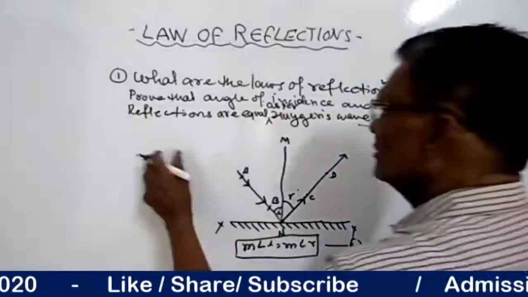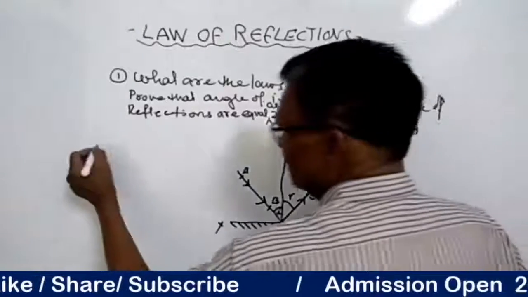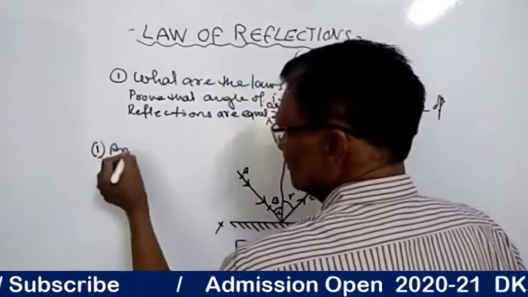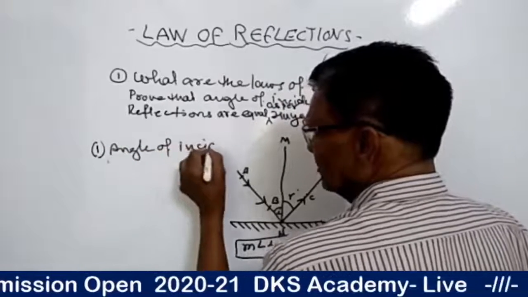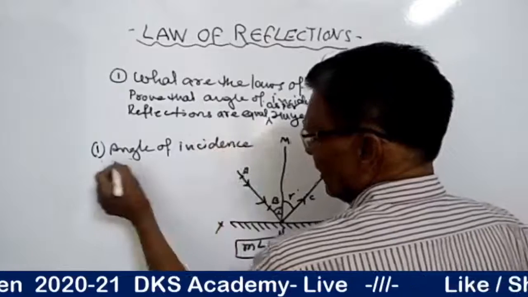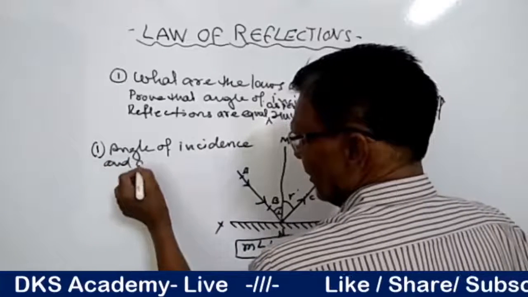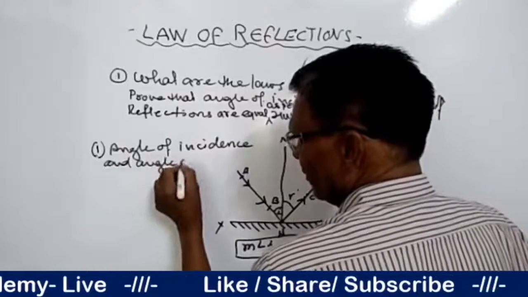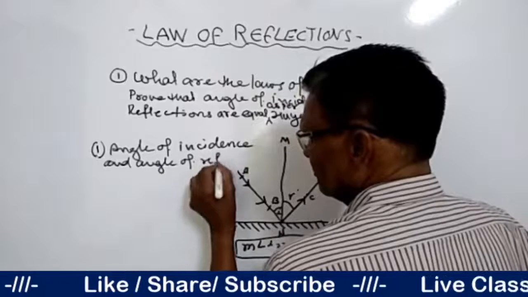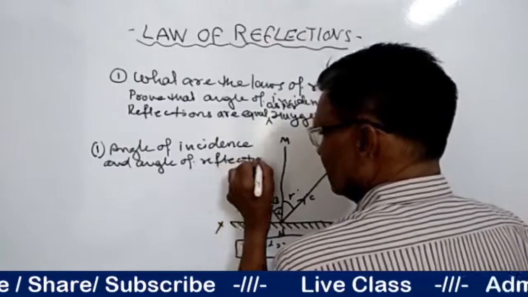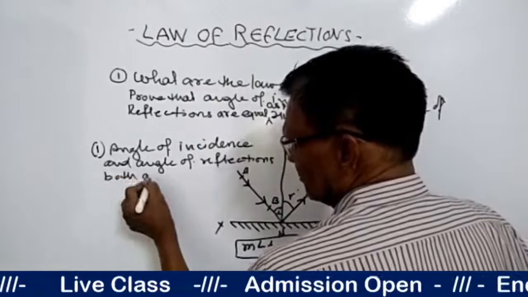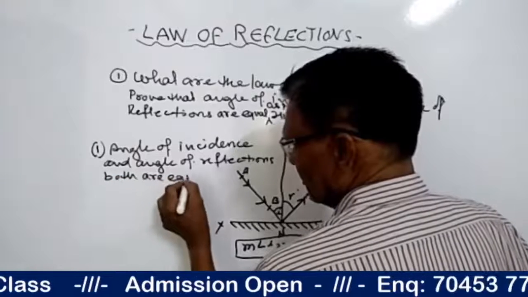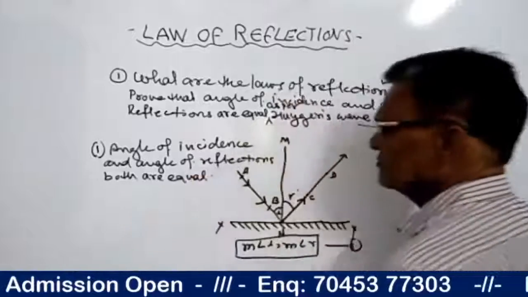So first law is that angle of incidence and angle of reflection both are equal. That is first law.